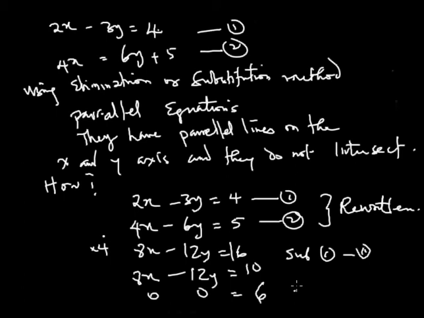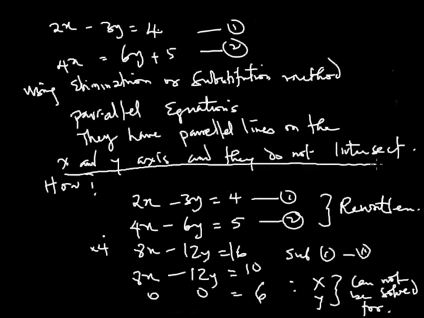There's no way we can solve for x and y. That means they are parallel and their lines do not intersect.